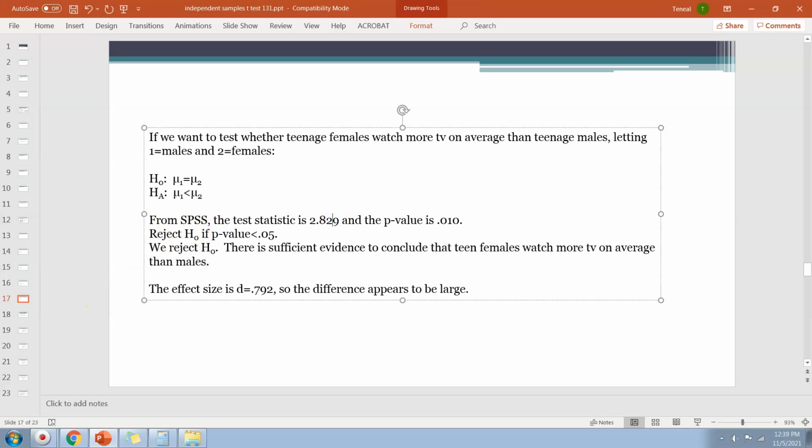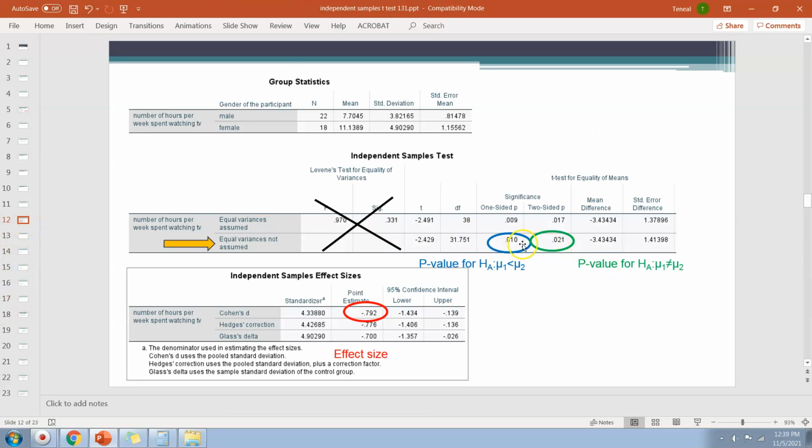So again, from our SPSS output up here, we got 2.429. I'll fix that value. Our p-value for the one-tailed test was 0.01.